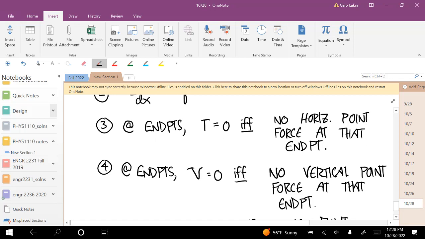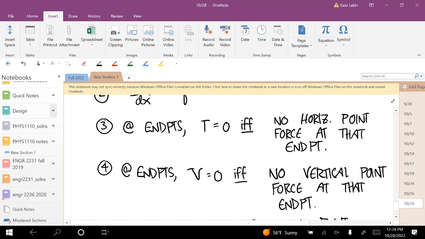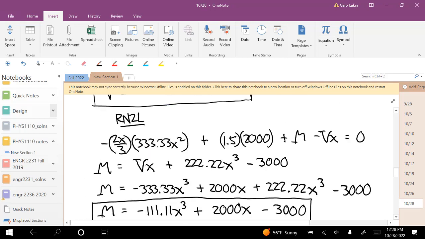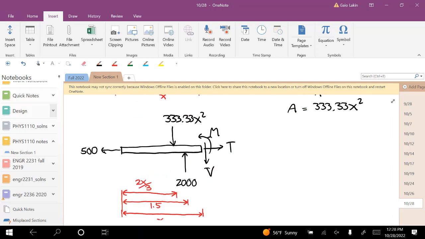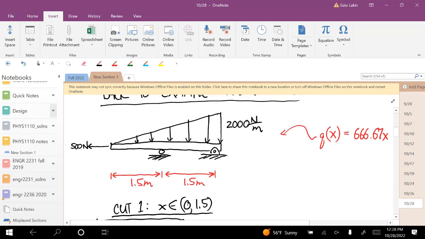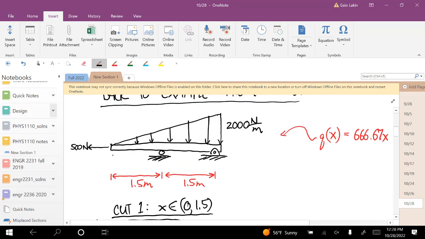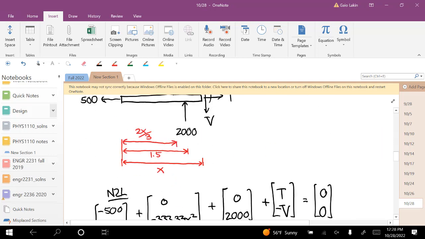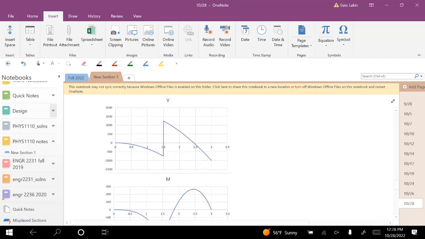Okay, what about V equals 0? So let's look at the endpoints and see if there are any vertical point forces. There's no vertical point force on the left. There is a vertical point force on the right. So we expect shear force to be 0 at the left, non-zero at the right. And we have that. Okay.